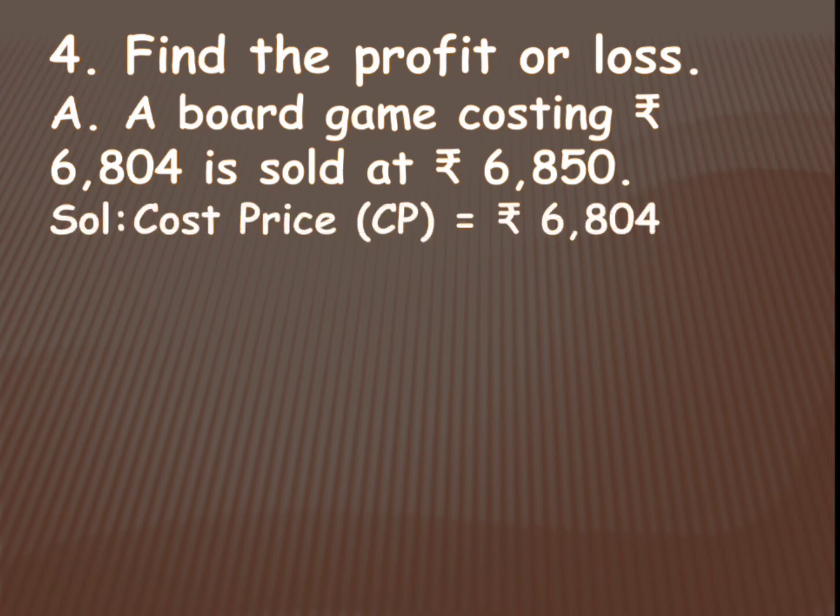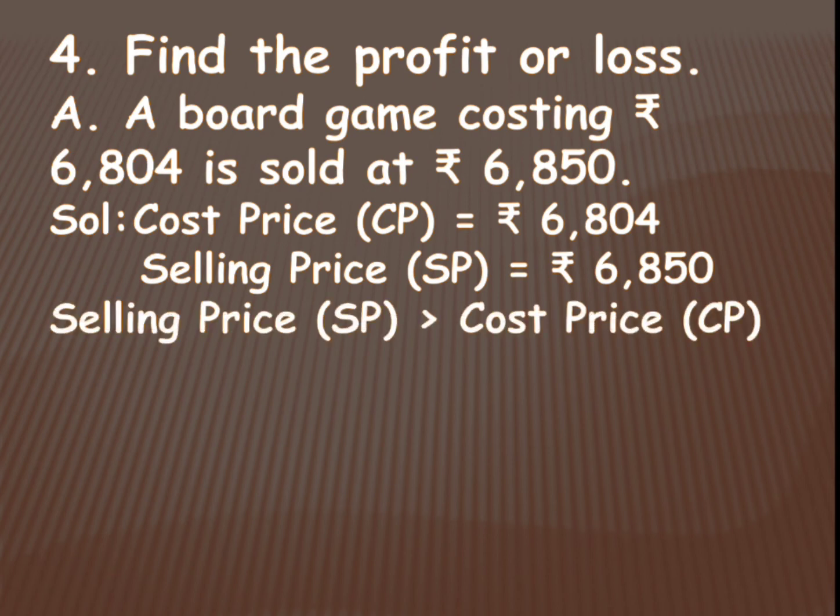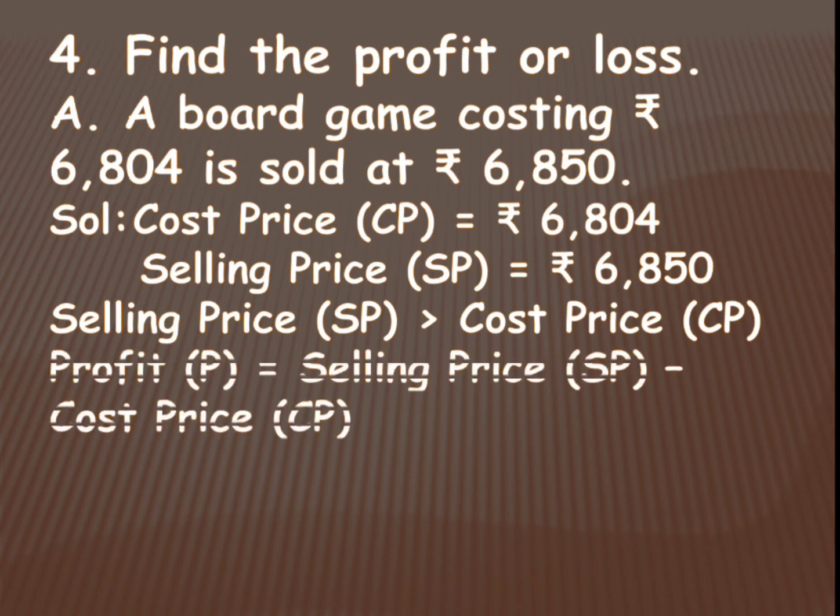So cost price CP is equal to 6,804 rupees and selling price equal to 6,850 rupees. Now if you see which is greater, selling price is greater than cost price, then what you will get? It's a profit. How much profit? You will get it when you do selling price minus cost price.